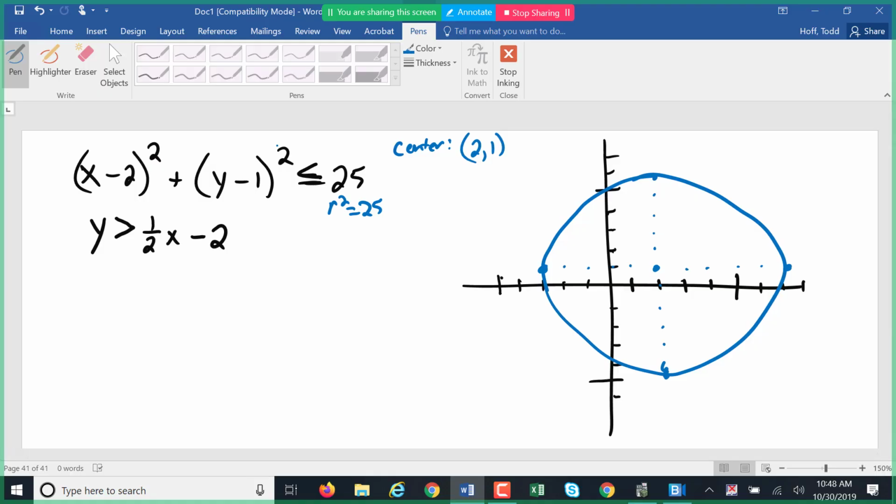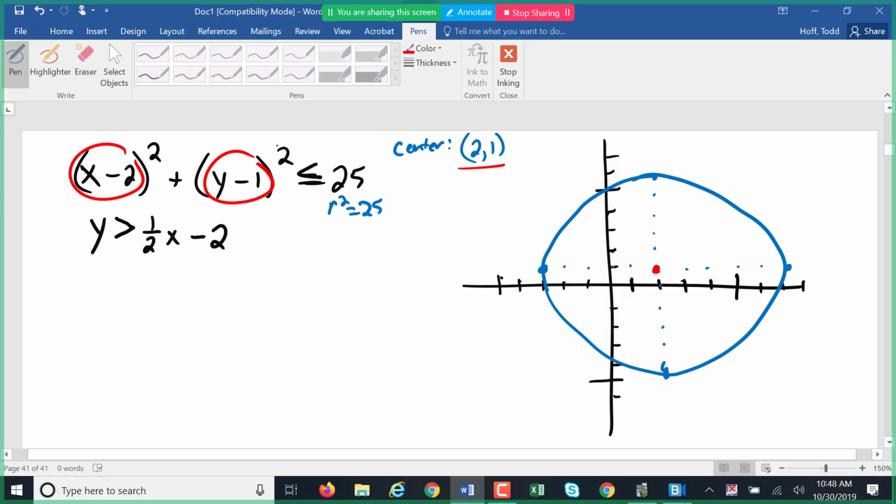Anyway, we need to test to see if it's inside or out. I'm going to test the center. Now, if you haven't figured out by now, testing the center makes this 0 and this 0. 0 is less than 25. So the center is true.